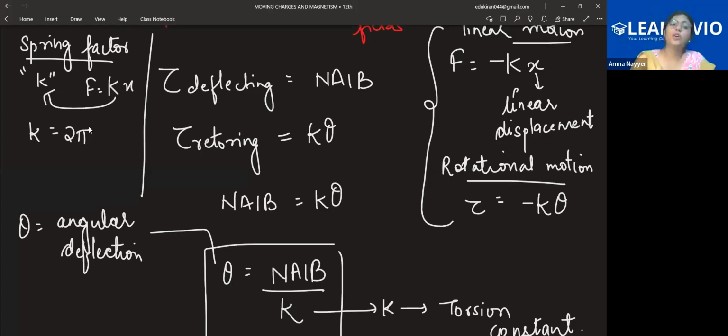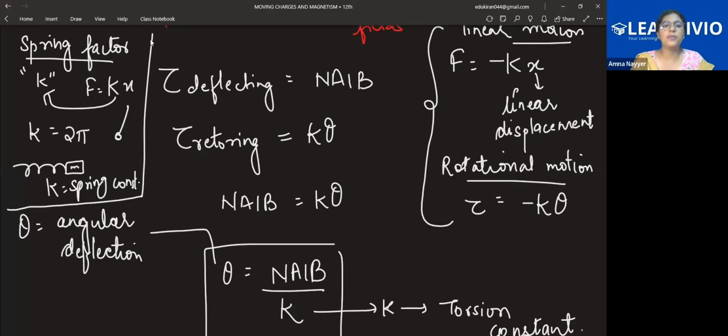That is for a string and a bob. If we have a spring mass system, then this is called the spring constant. So basically what I mean is that spring factor is a general term.